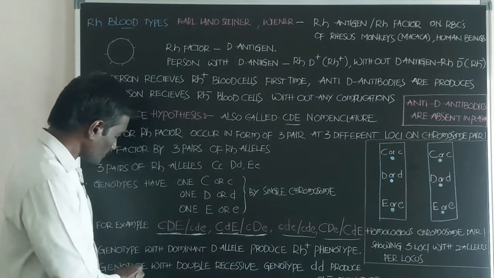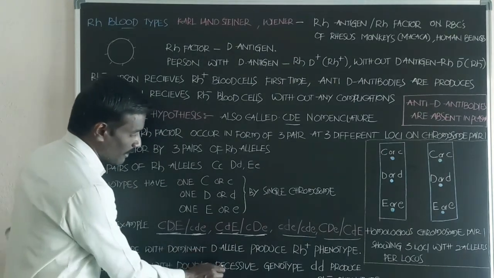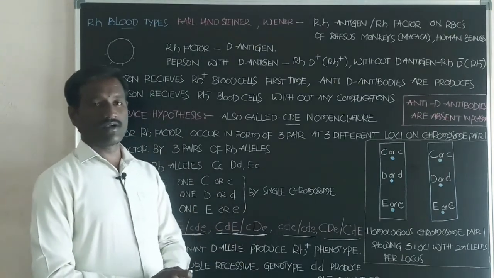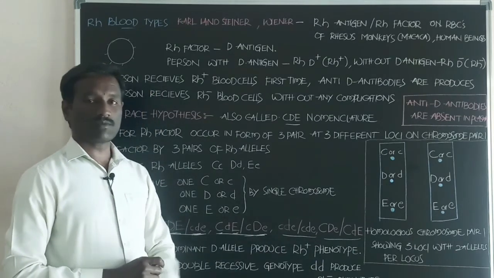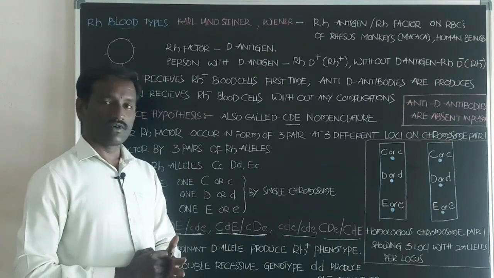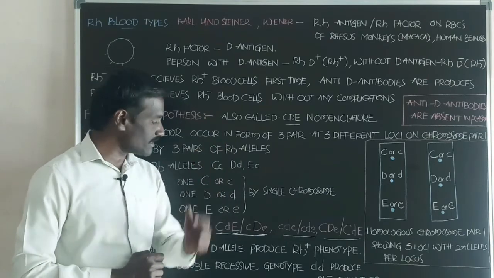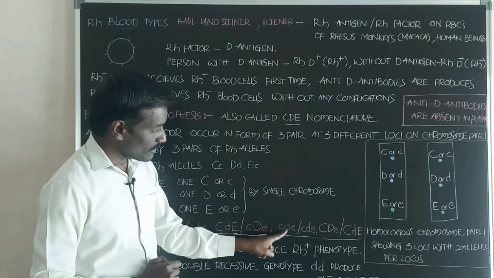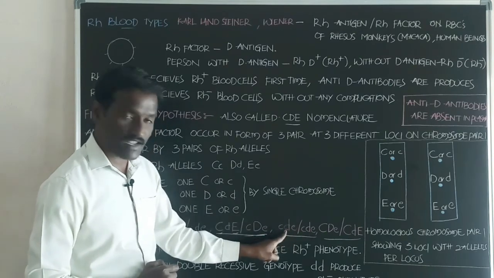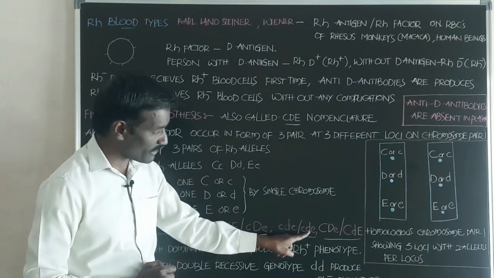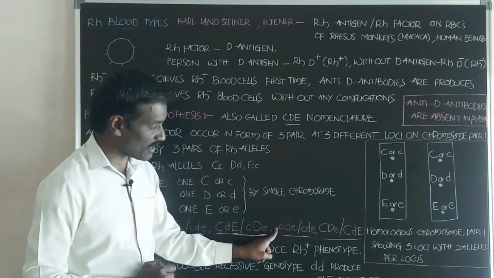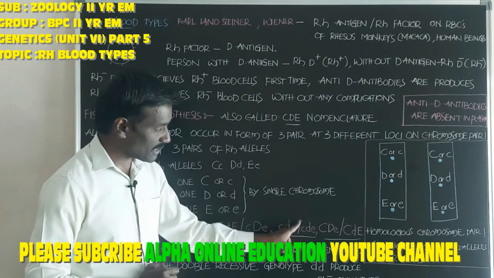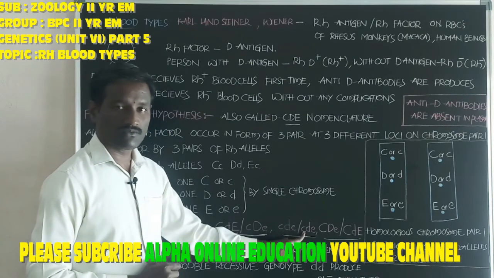Next, the genotype with the double recessive, dd. Student, from the parents the child receives the double recessive d allele, small d, small d. One came from the mother, and one came from the father.